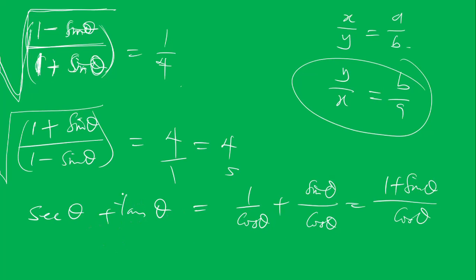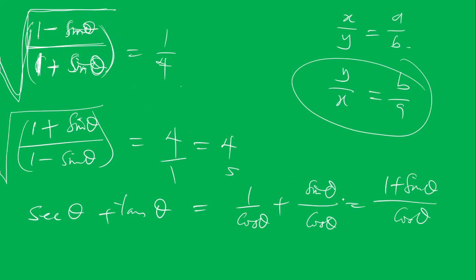So we have 1 plus sine theta all over cos theta. That is what we have here. So we can now say we square this and also take the power one half, and 2 divided by 2 is 1, so it is raised to power 1.